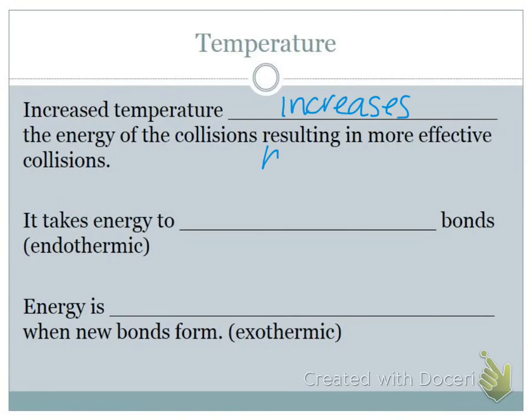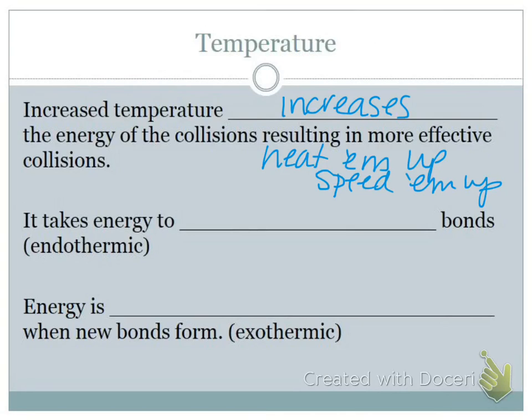So if I heat up my particles, I speed them up, and if I speed them up, what does that do to my kinetic energy? Thank you. That's because now when my particles are moving faster, they have more energy, so now more collisions will have enough energy to overcome that activation energy. So that's why heating up the reaction increases the rate.